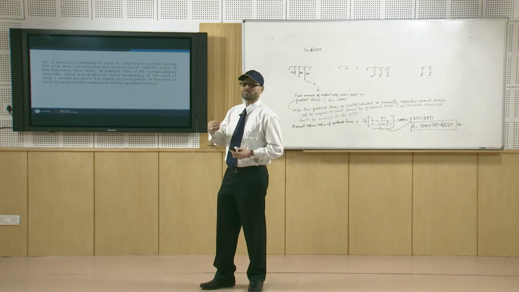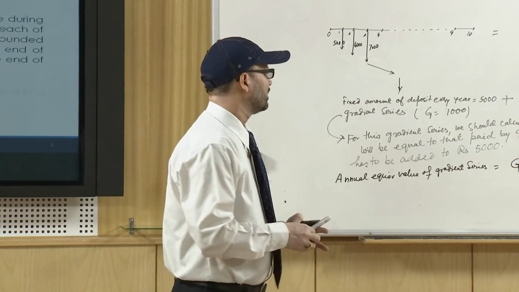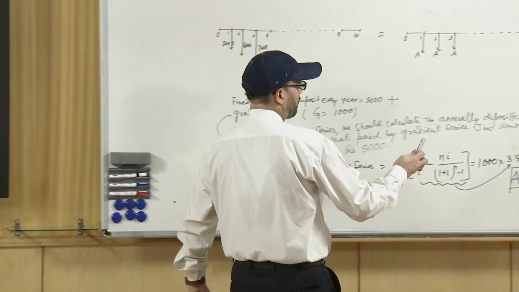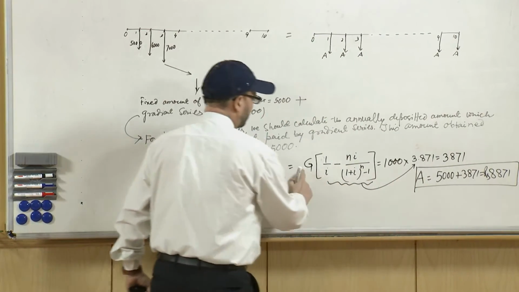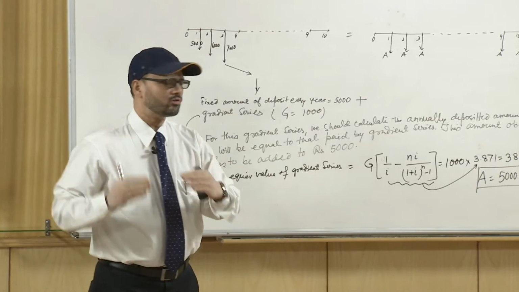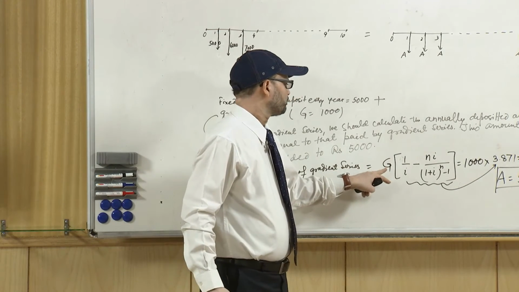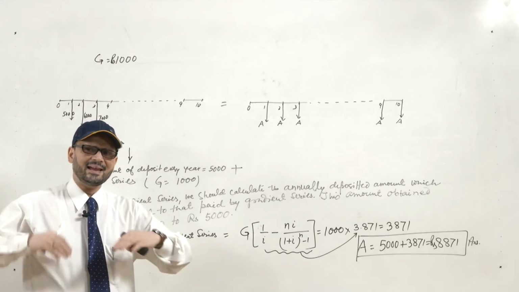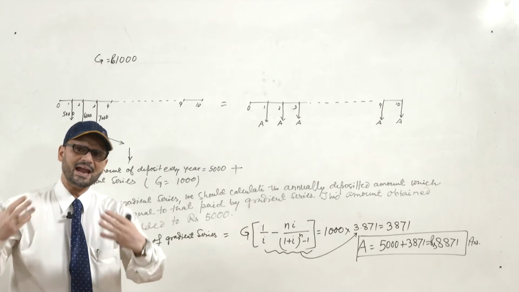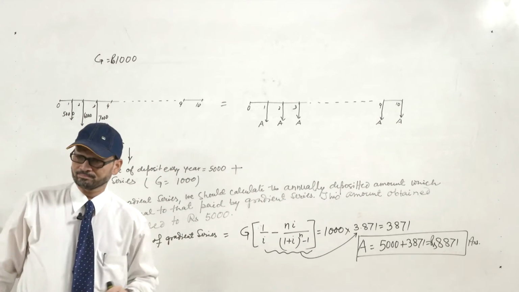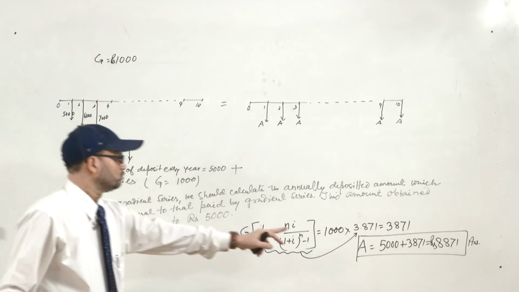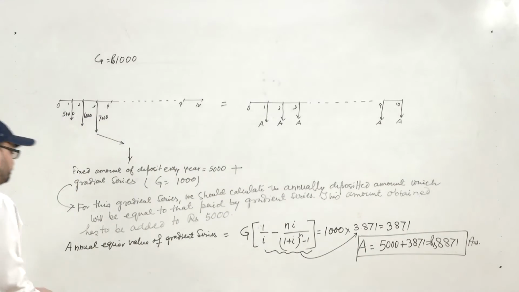So, these types of problems can be solved by first finding the annual equivalent value component using this formula, and either subtracting or adding to the fixed component. So, this is the final answer.